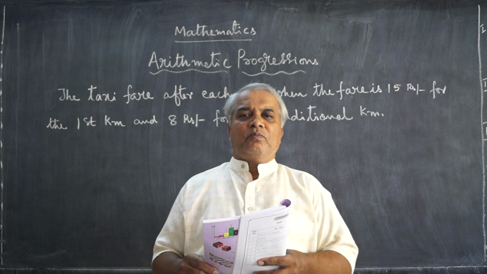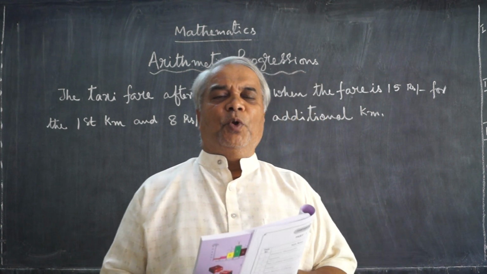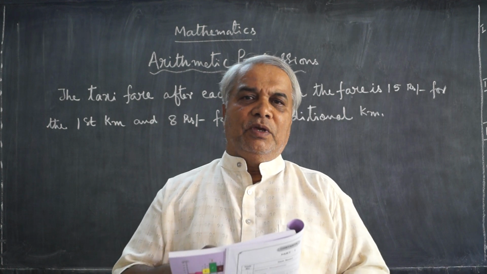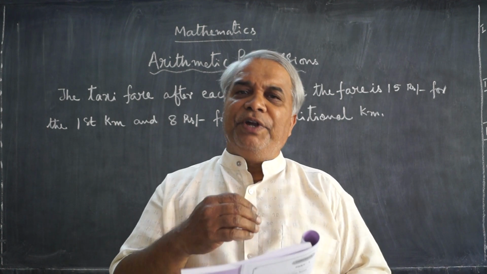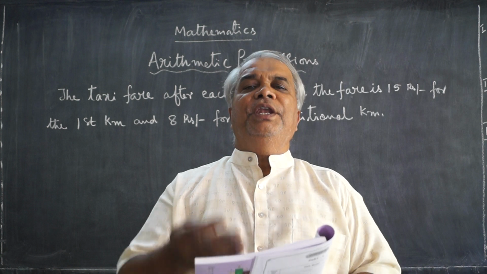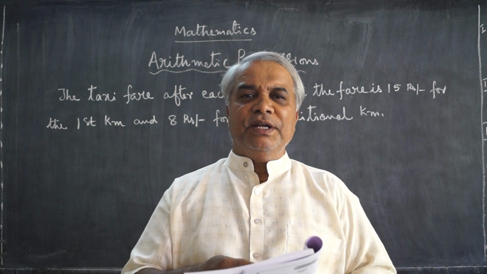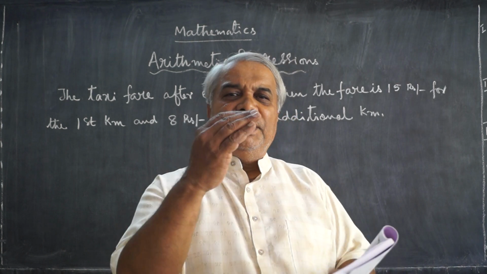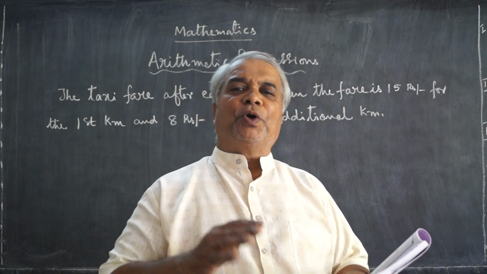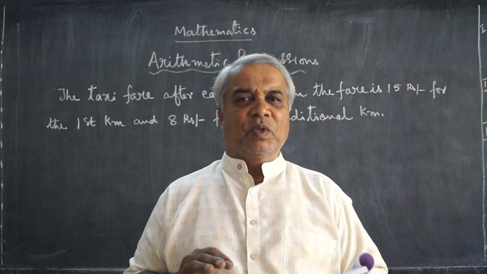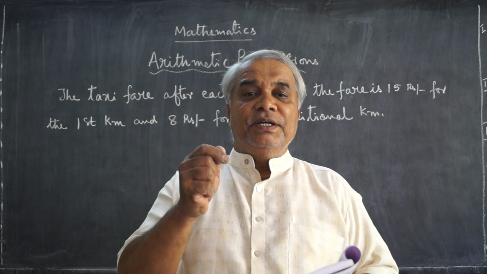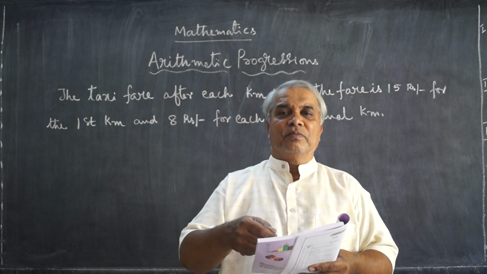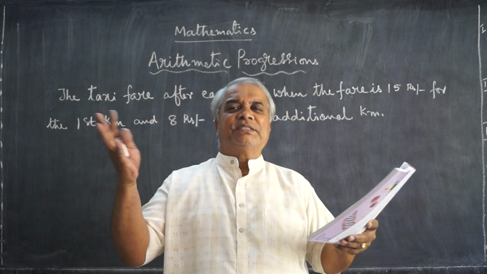Children, as we know, progression means which is changing. In mathematics, if you take change in numbers, if you consider increasing number is progression, decreasing number is also progression. See, when we write the numbers in the increased form, there are variety of ways of writing.